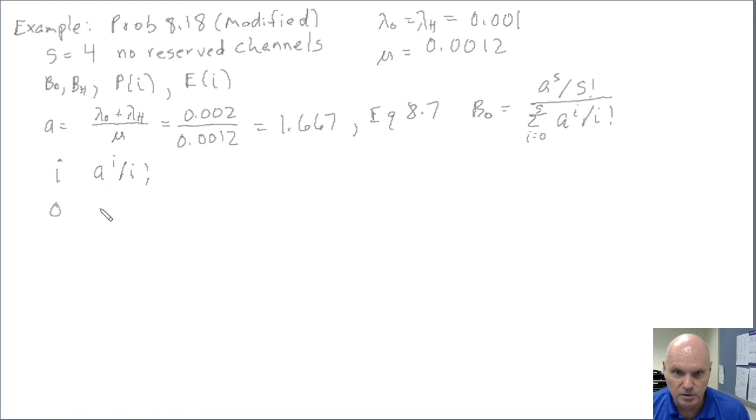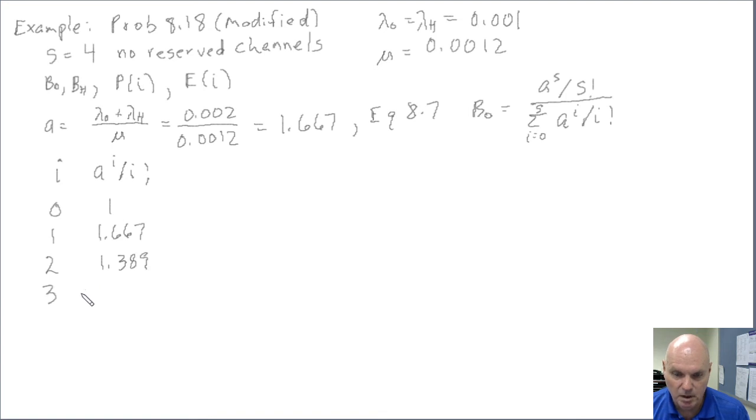So for I equal to 0, this is equal to 1. For I equal to 1, this is 1.667, so 1.667 to the first power divided by 1 factorial. For 2, it's 1.667 squared divided by 2 factorial, which is 2. So this turns out to be 1.389.